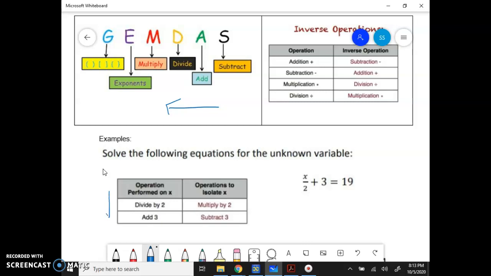So going from top to bottom, we would divide and then add. But if we want to isolate x, to get x by itself, where x is just equal to one number, we're going to go from the bottom up in reverse order.